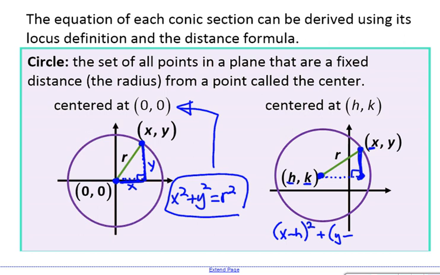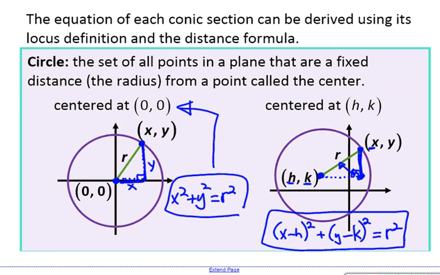The y of the center is k, so y minus k, and then we're going to square it. And it's equal to the hypotenuse, which is r squared. And that is the formula for a circle, and that's the one that you should know. That's the one you're going to use the most often.